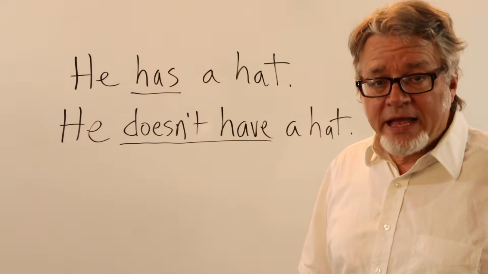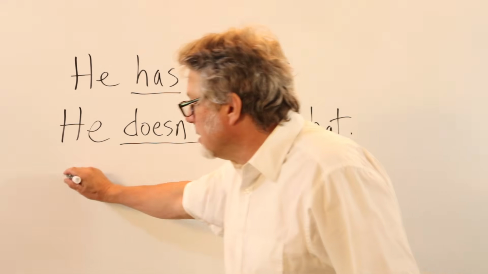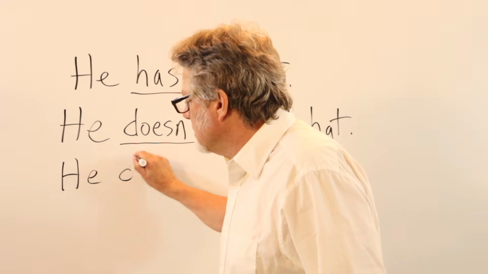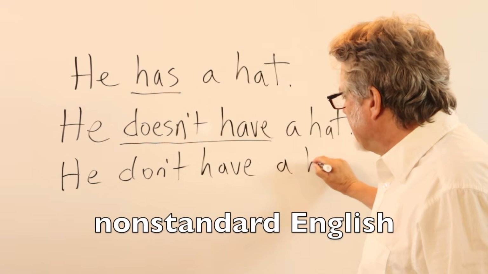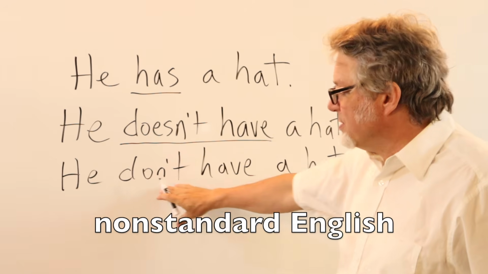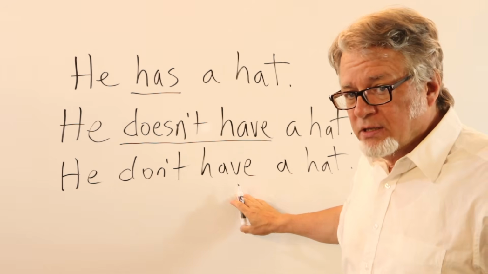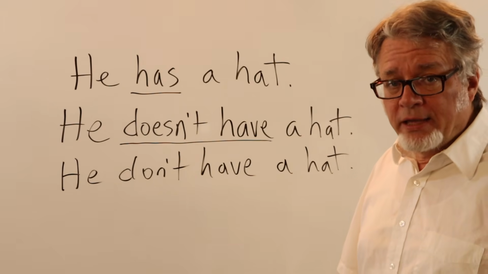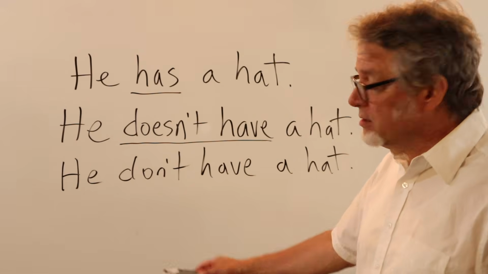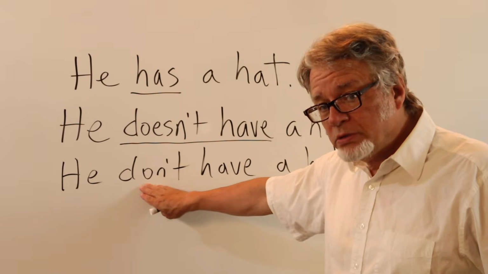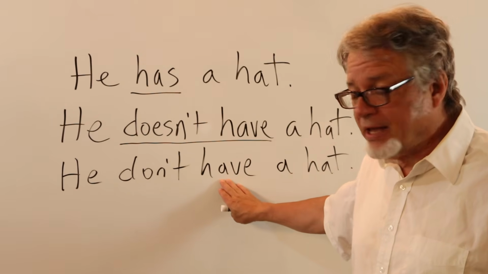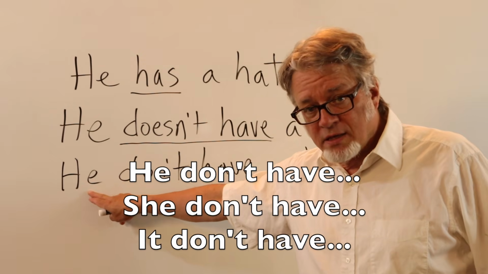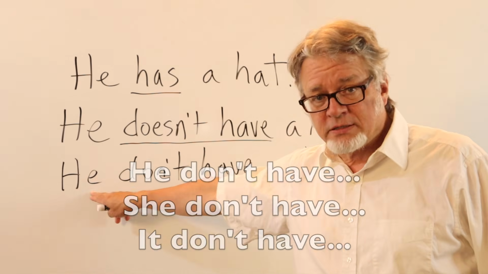In a non-standard form of English, he don't have a hat. This is non-standard. When listening to spoken English, you might hear someone use don't with the main verb for the present tense after a singular subject.